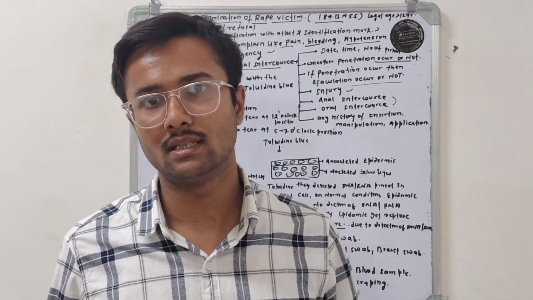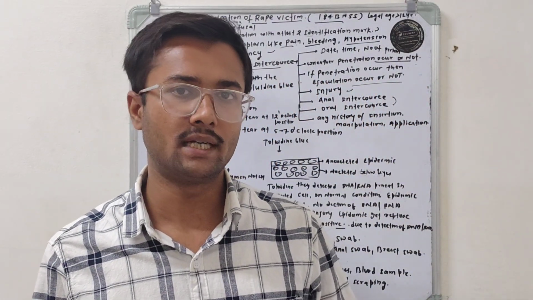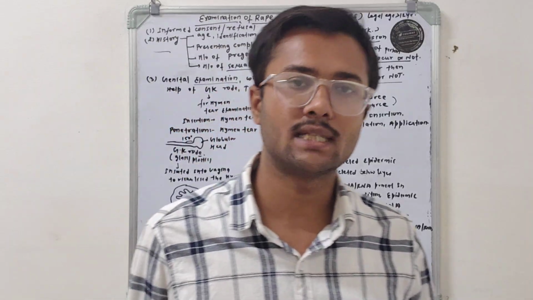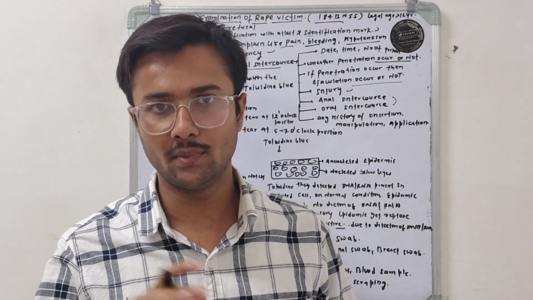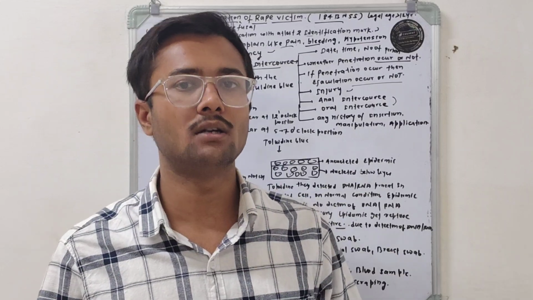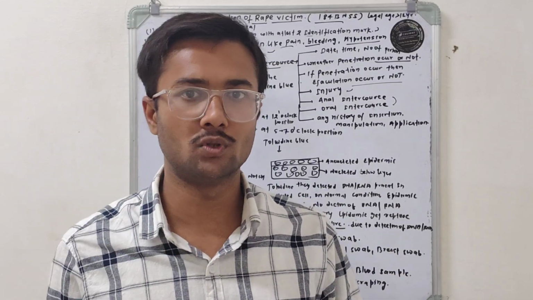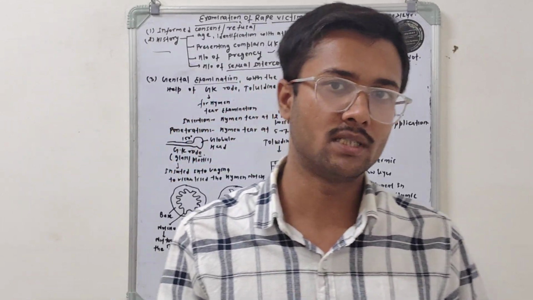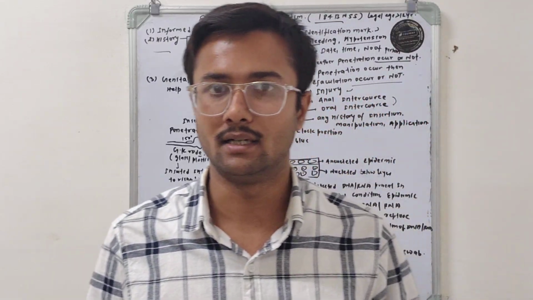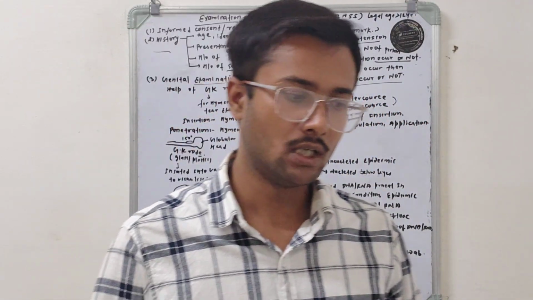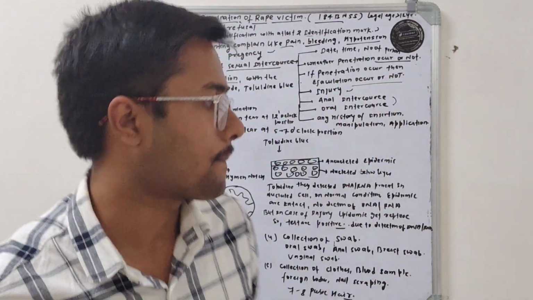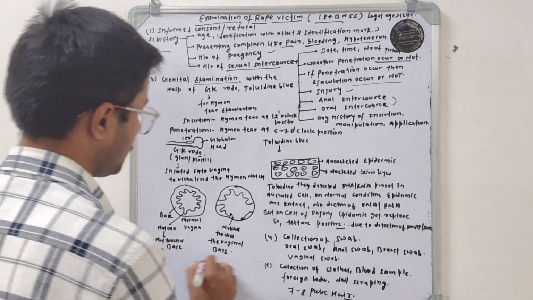So in normal condition, the test is negative. But if the victim has an injury, there is tearing of the epidermis, and due to this tearing there is exposure of the inner nucleated layers, which toluidine blue stains. So in case of injury, the test is positive.